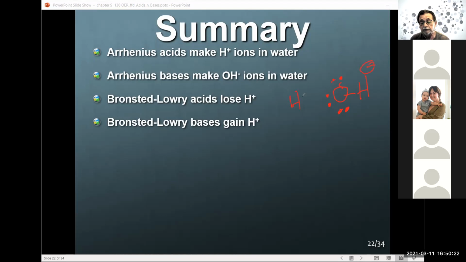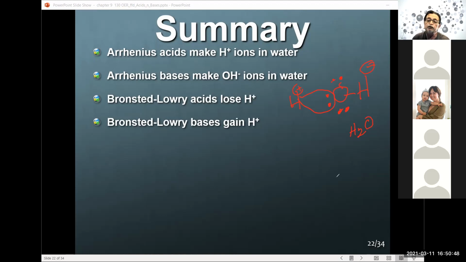The proton has that empty orbital, plus charge. So you can see where the hydroxide accepts that proton to make a bond. In this case, it makes water, H2O. So even hydroxide fits under the Bronsted-Lowry definition.